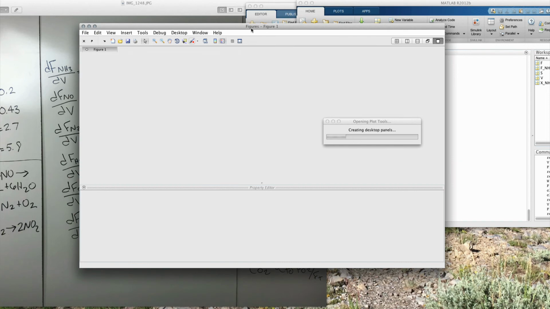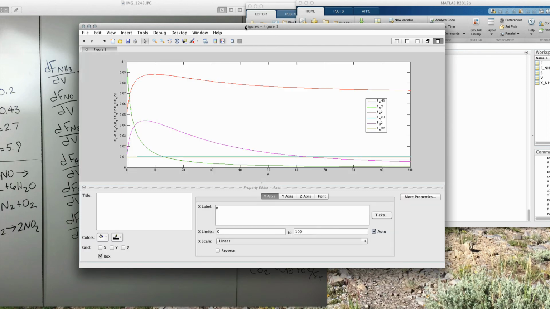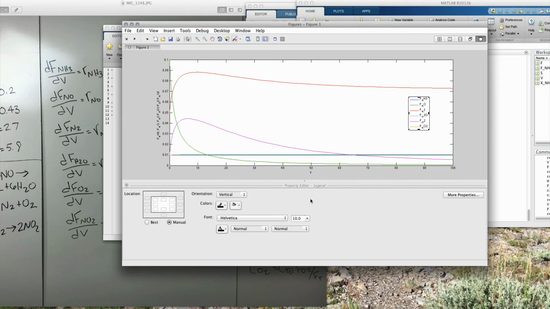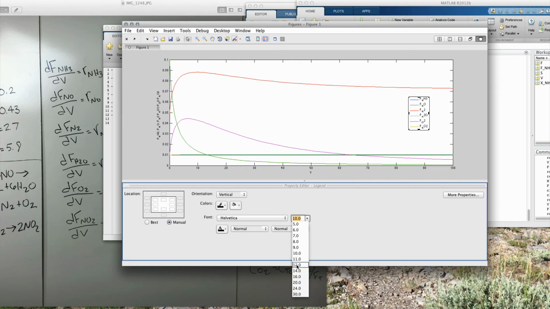I double clicked on it, and that opens up this thing called Plot Tools. And then you can just mess with everything in here. I really like to get in here and just change things so they look good.